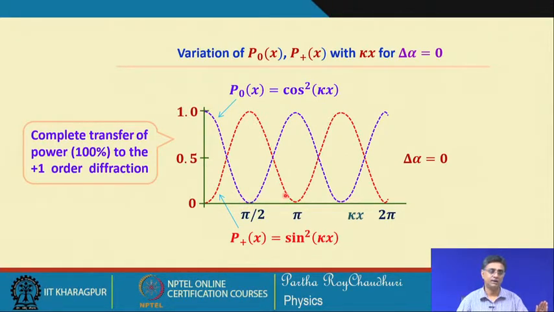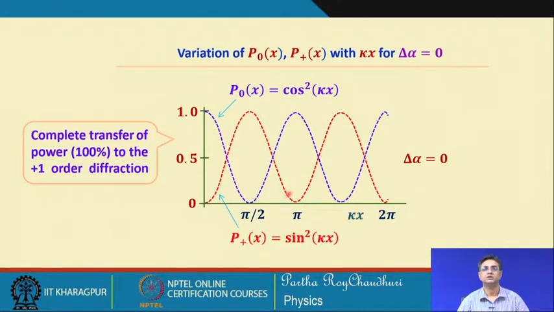When the power in the diffracted order is maximum, there will be no power in the 0th order in the ideal situation, and when there is maximum power in the 0th order, the diffracted order will have no power. This happens at these values of kappa x, pi by 2, twice pi.